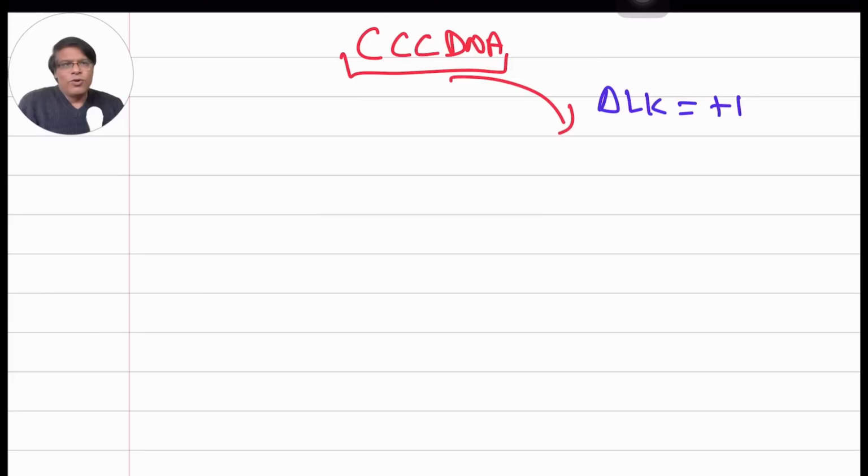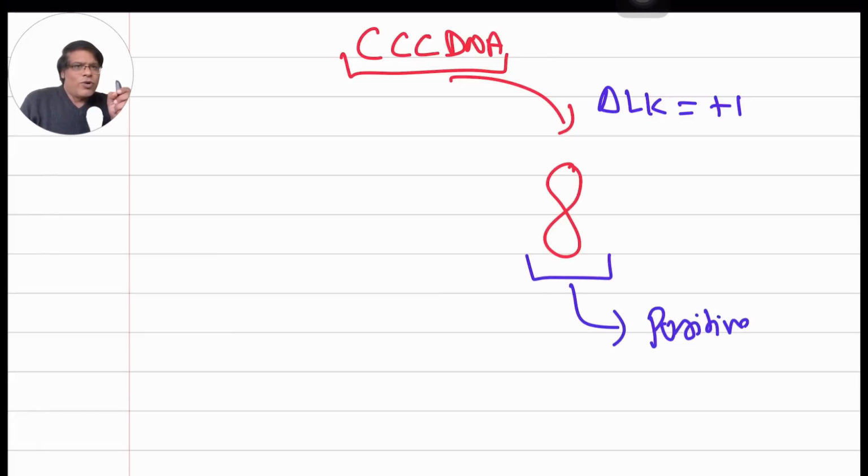Now let us have another situation. Let us suppose you have covalently closed circular DNA, relaxed DNA. If you increase the linking number by 1 unit, within this DNA you are going to see the formation of positive supercoil.